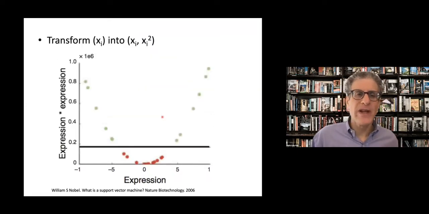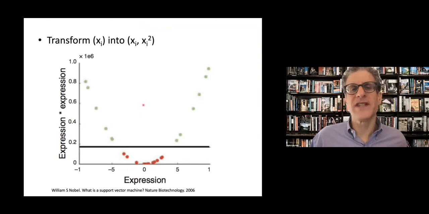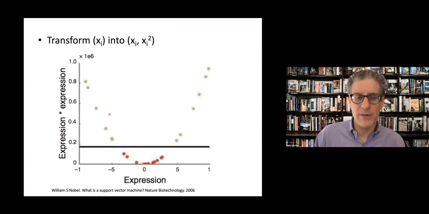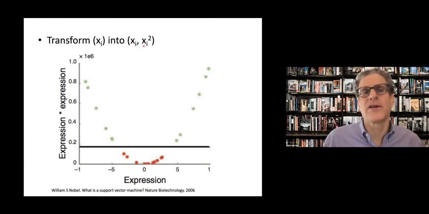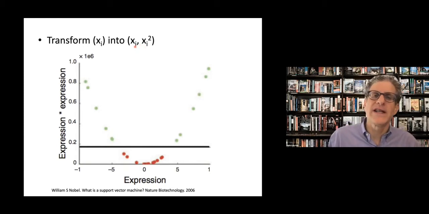Well, we can imagine that we could take our original data points, which remember are in one dimension here, and somehow transform them into a higher dimension. We're just going to move them into a higher space where we place each point by its original x value, but also by its value squared. Okay, and so then we get this parabolic shape here.